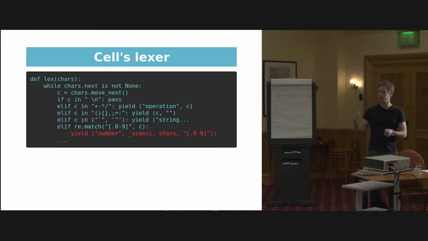The way we deal with that is similarly, we yield a token and call a function to get the rest of the stuff we're going to yield. We already know the type, and we're going to find the value. We call this function scan. What scan takes in is the first character, because it's part of the number, the characters that it's going to iterate through, and then a regular expression telling it what other characters are allowed in that number.